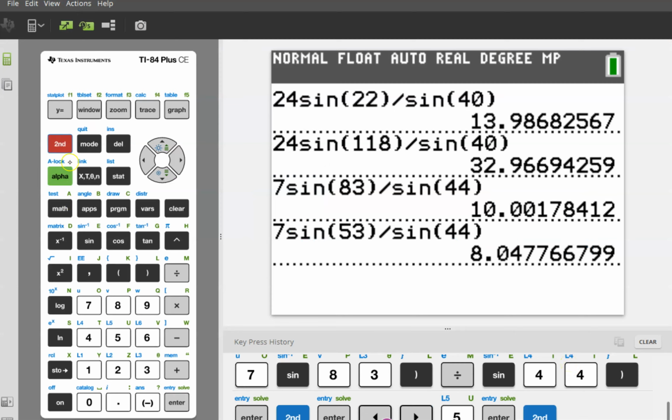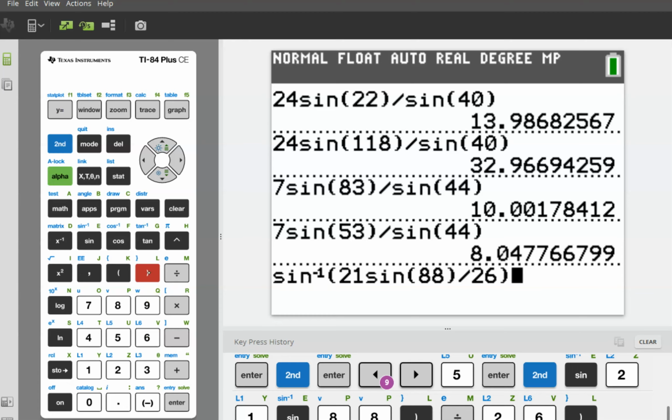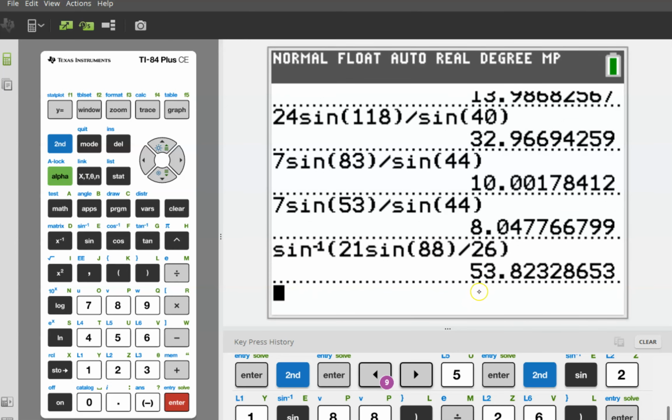So we have the inverse sine of 21 sine of 88 divided by 26. I believe I remembered all those numbers correctly. So I just typed it all in at once. So this was 21 sine of 88 on top over the 26, and then I did the inverse sine all the way around it.